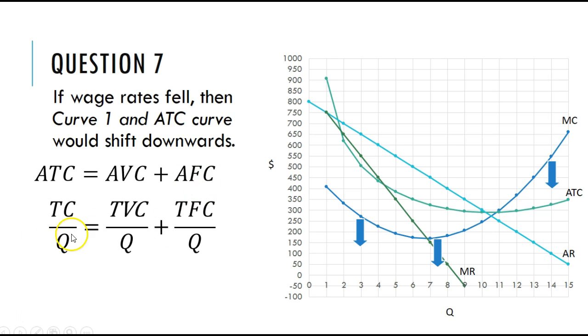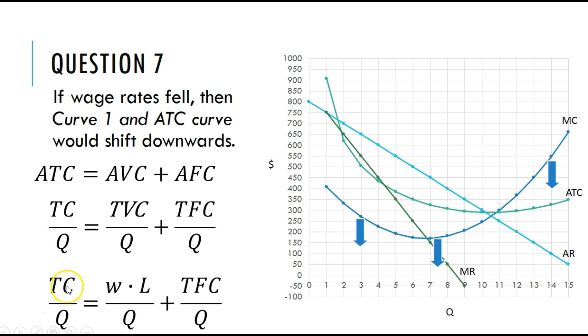Now, what we're looking for is wage rates. So where's that? That's going to be inside the total variable cost. So average total cost equals average variable cost plus average fixed cost, where average variable cost is total variable cost over quantity, and total variable cost is the amount of labour employed times the wage you pay each unit of labour.